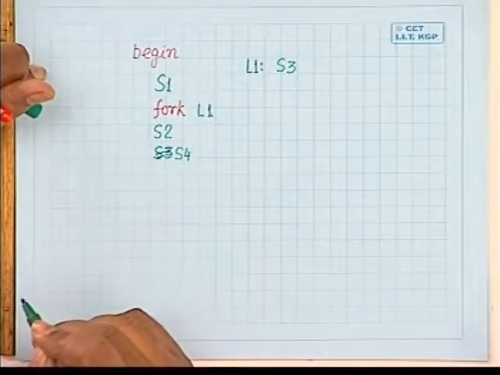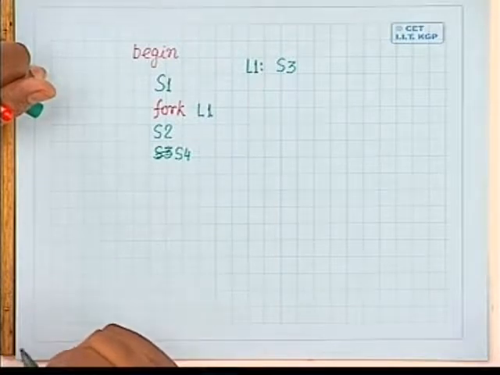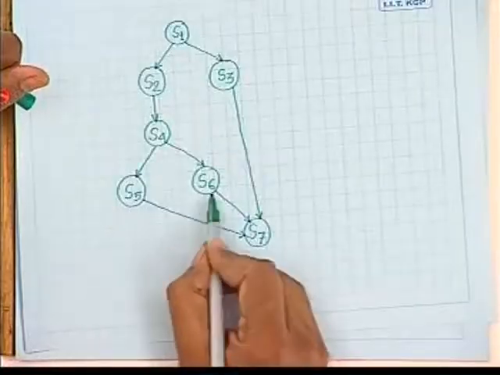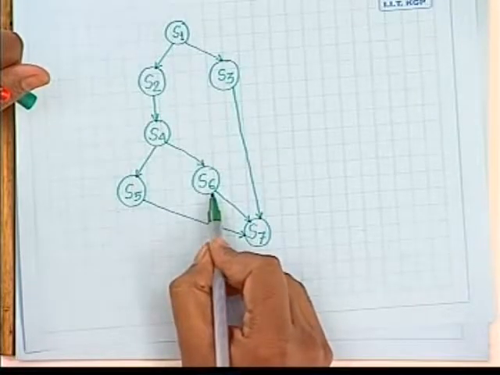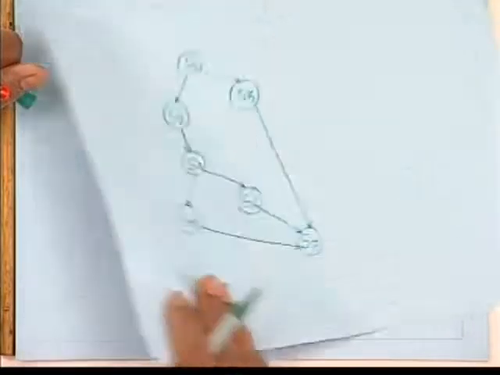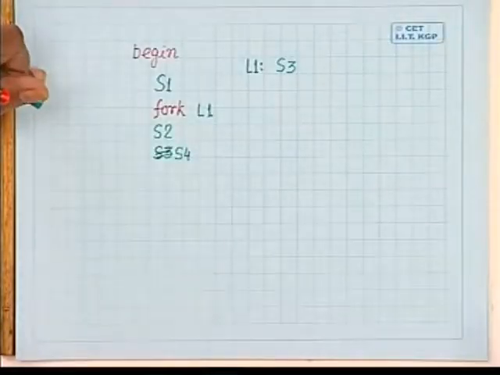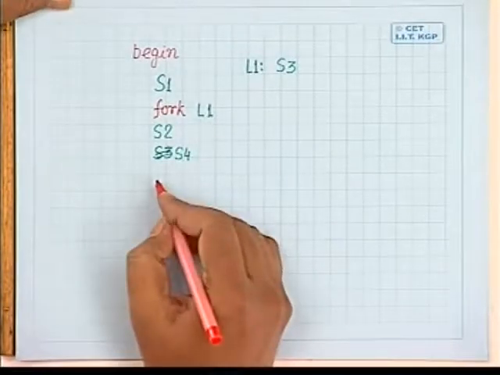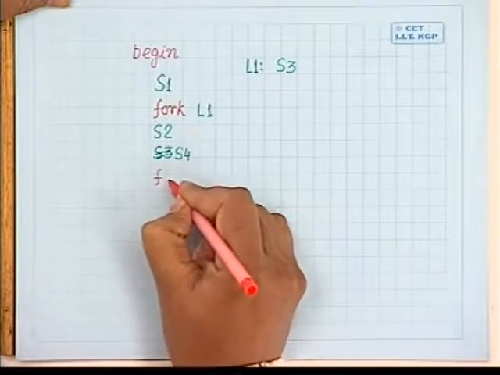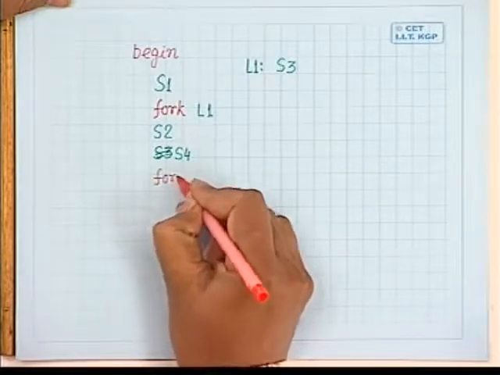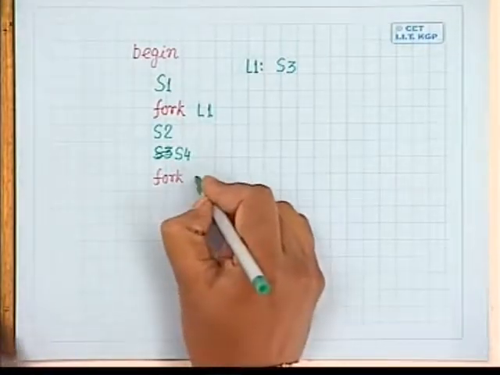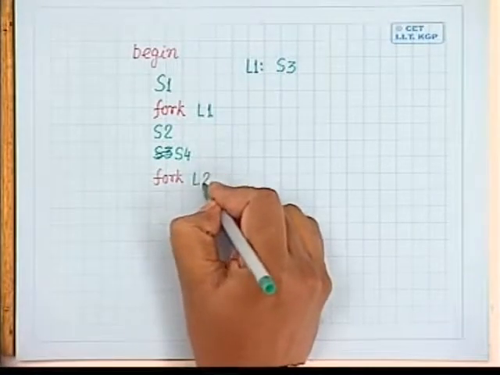After S4, again I can have two processes. One process will execute S5, the other will execute S6. So again I make use of a fork statement with a label. I'll put another fork statement, fork L2.